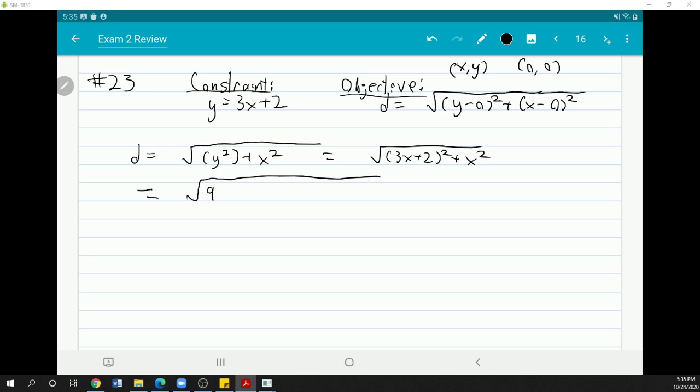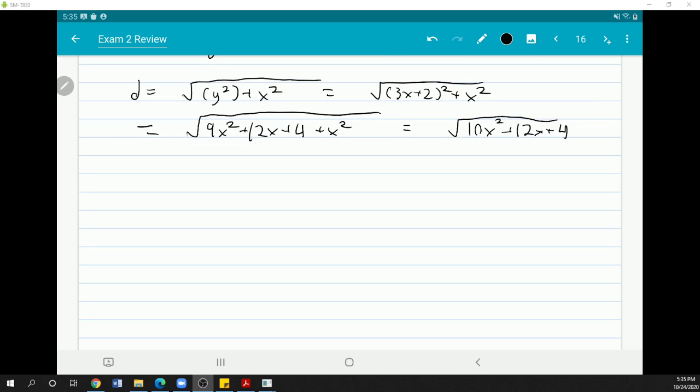I get 9x squared plus 12x plus 4, and that's just from FOILing out the (3x plus 2) squared, plus another x squared. So I get the square root of 10x squared plus 12x plus 4. Now I'm coming around to the idea that doing it this way is easier.